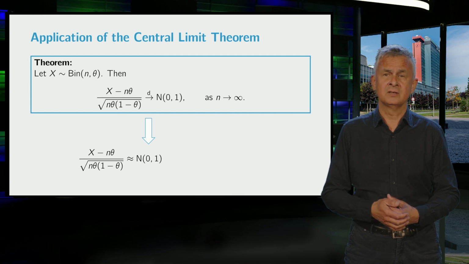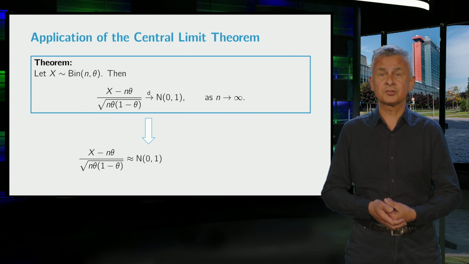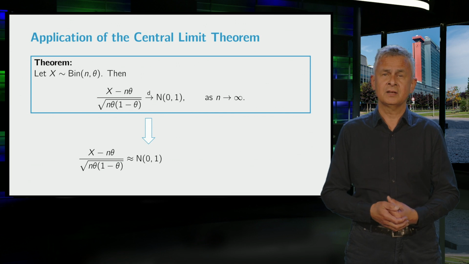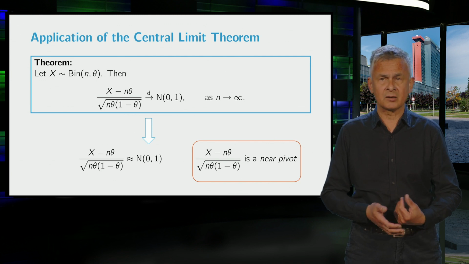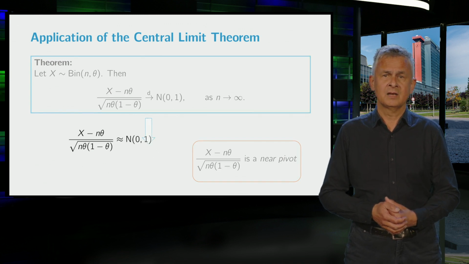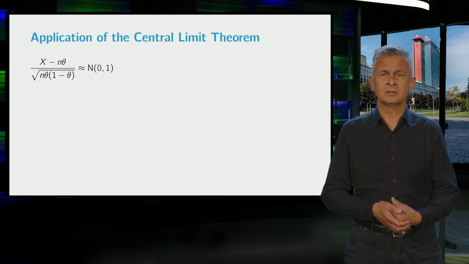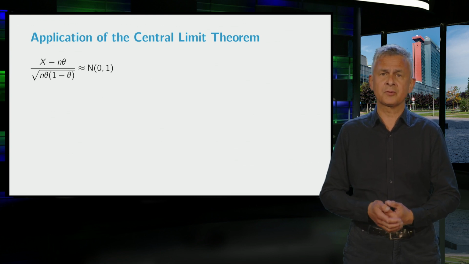This means that for large n, the distribution of the standardized x can be approximated by a standard normal distribution. In this case, we call it a near pivot. We will use this approximation to construct a confidence interval for theta.